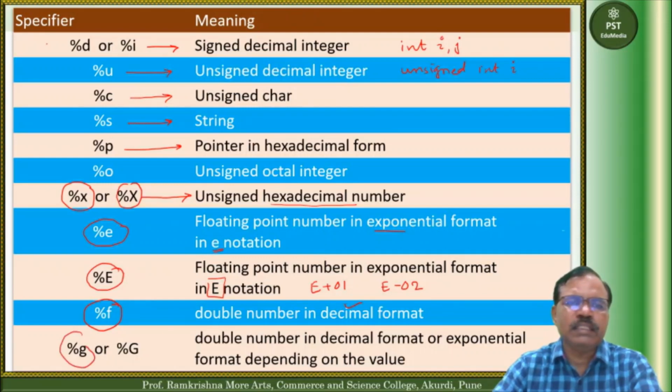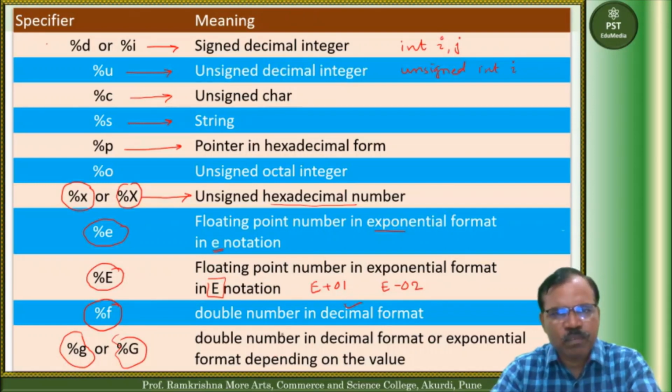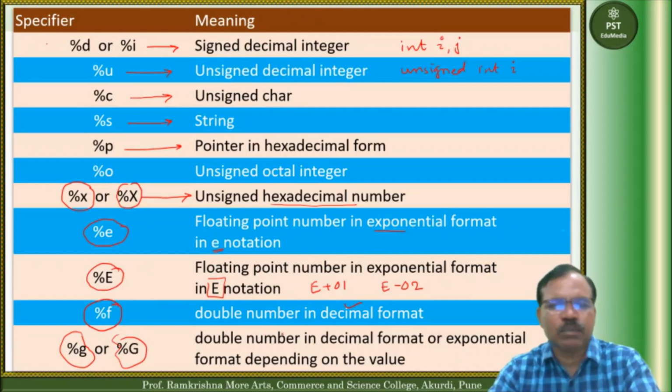Similarly, %g or %G is used for a double number in decimal format or exponential format depending on the value. Means if the value is large, then it will be automatically converted into exponential form.